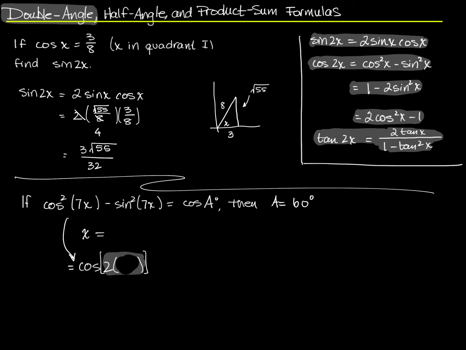If I rewrote this as the cosine squared of t minus the sine squared of t, or theta or something, that might be a little bit less confusing. So in this form, I would say that t is 7x. So since t is 7x, the left-hand side must be 2 times 7x, and I get the cosine of 14x. Therefore, a is 14x.